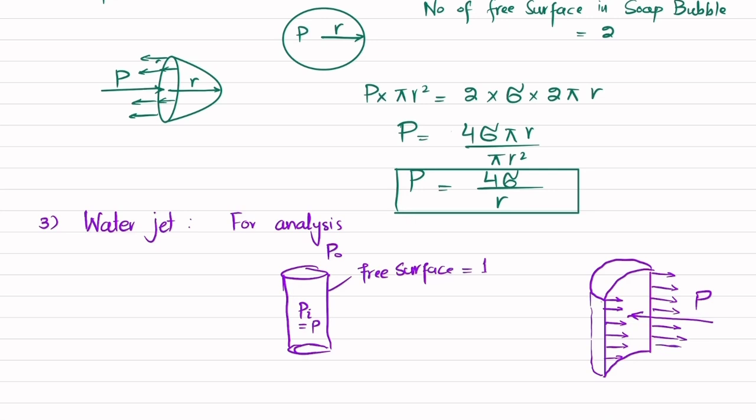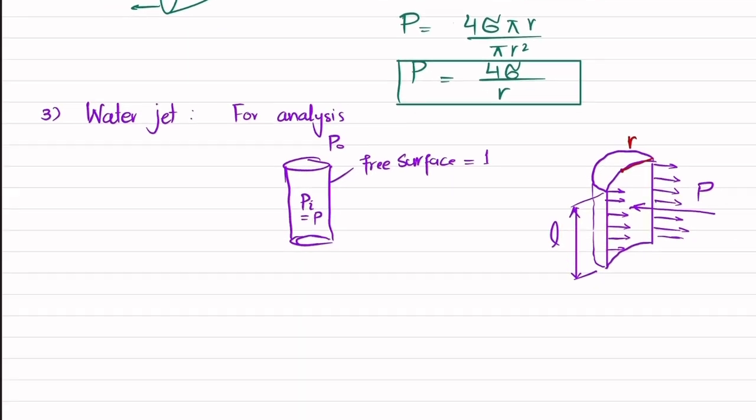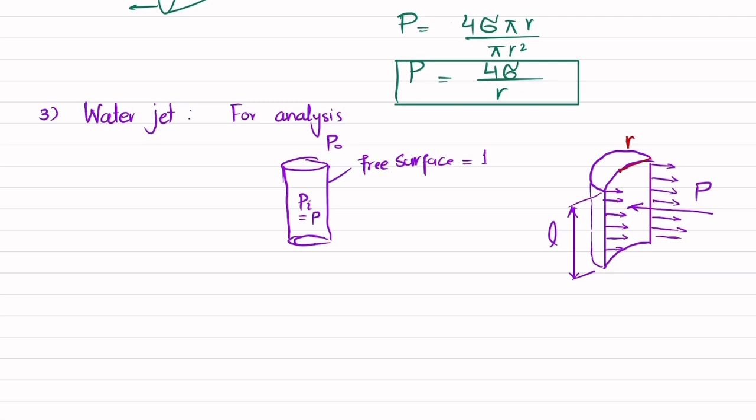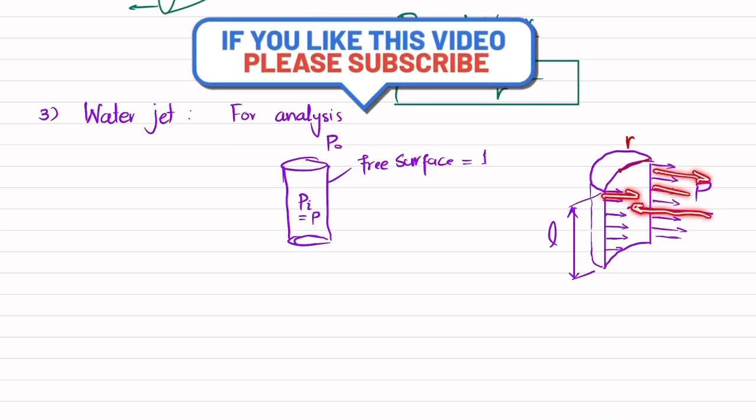Let the length of this jet which we are going to analyze be L, and let this be the radius of the jet. So again, the force acting toward the left must be equal to the net force toward the right, in order to maintain this cylindrical water jet.